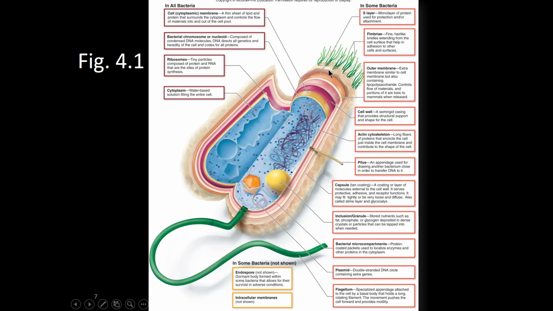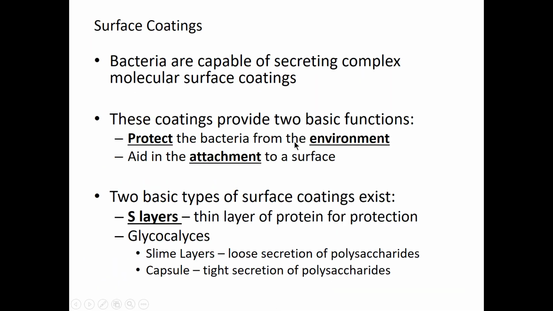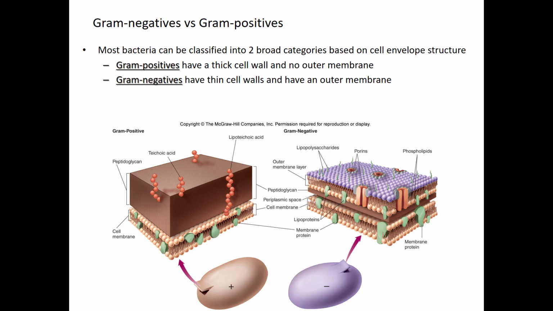This surface layer here is a coating. This layer right here is an S layer. And now the layers beneath that, here, here, and here, these are getting into the cell envelope. So the cell envelope is going to have potentially an outer membrane, a cell wall, and this last layer here is a cell membrane or a cytoplasmic membrane. So we can have 1, 2, 3 potential layers that you can see here. So these are basically in between all the surface coatings and then the internal parts of the cell.